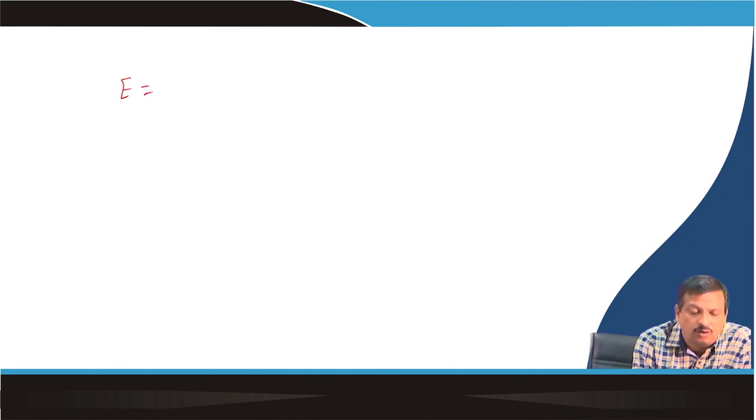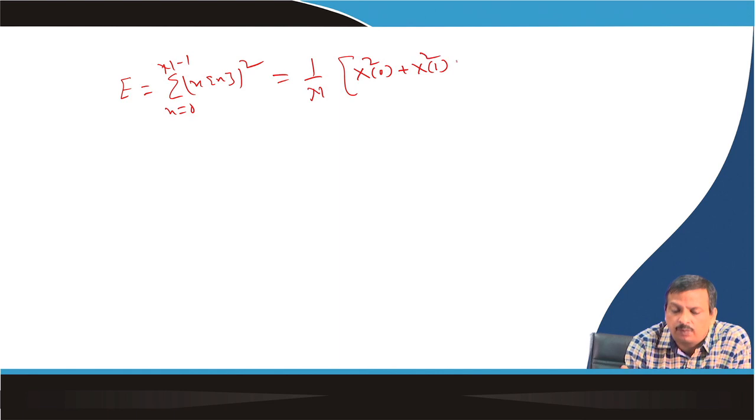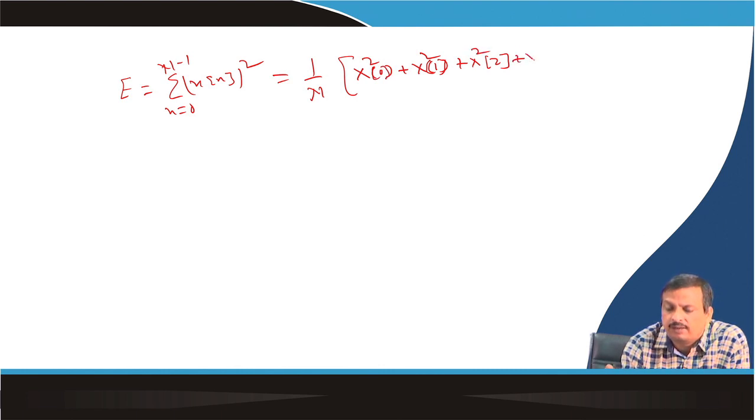So, the energy E of the signal x of n is the summation of n equal to 0 to N minus 1 of mod x of n whole square, which is equal to 1 by N times mod X of 0 square plus mod X of 1 square plus mod X of 2 square plus mod X of 3 square plus mod X of 4 square, for the 5-point DFT.